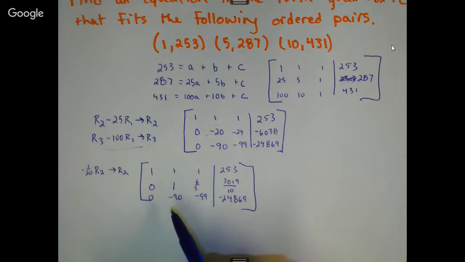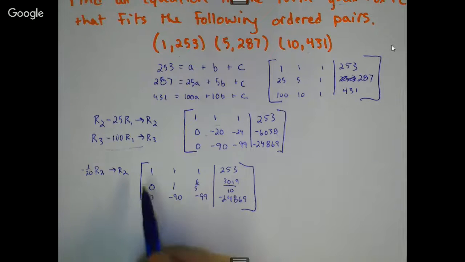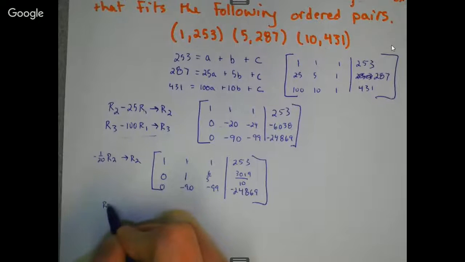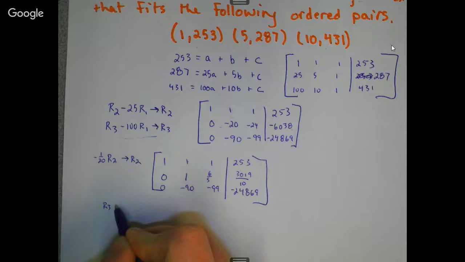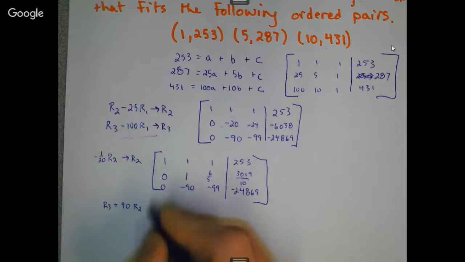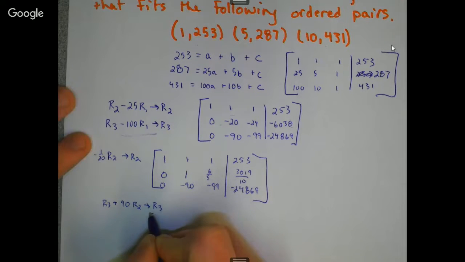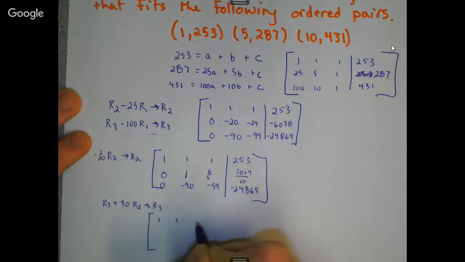Okay, let's work on this one being 0. So row 3 needs to change. We'll take row 3 plus 90 row 2 and put it back into row 3. So that's good.